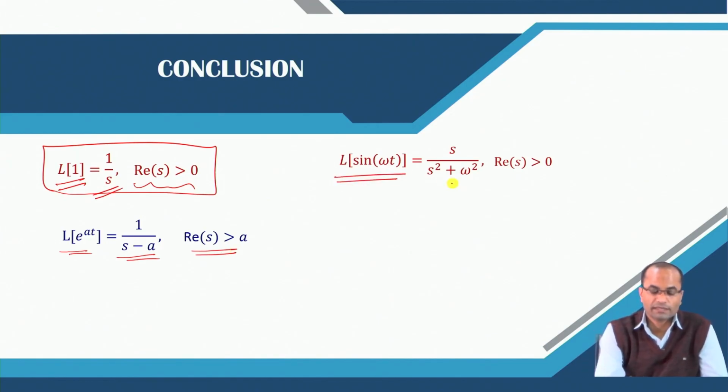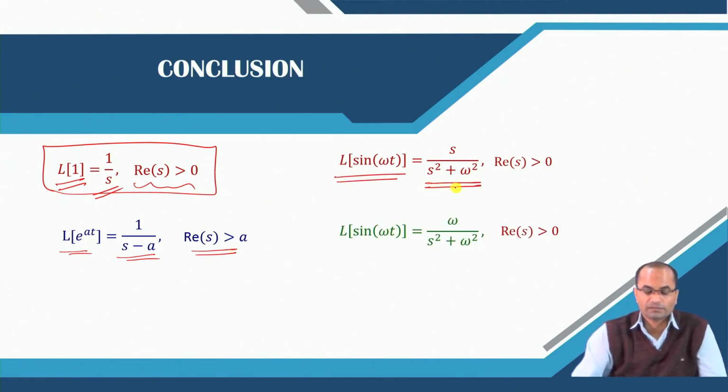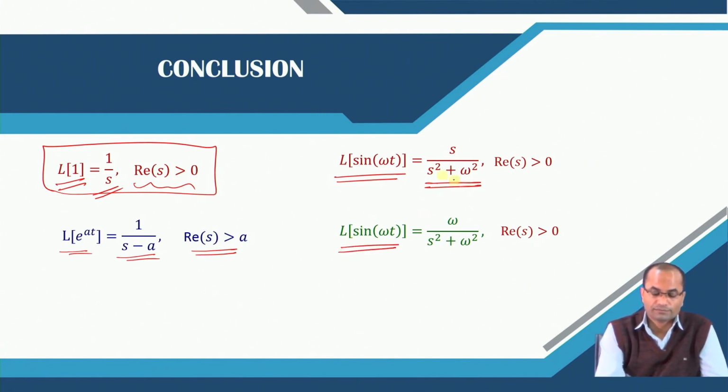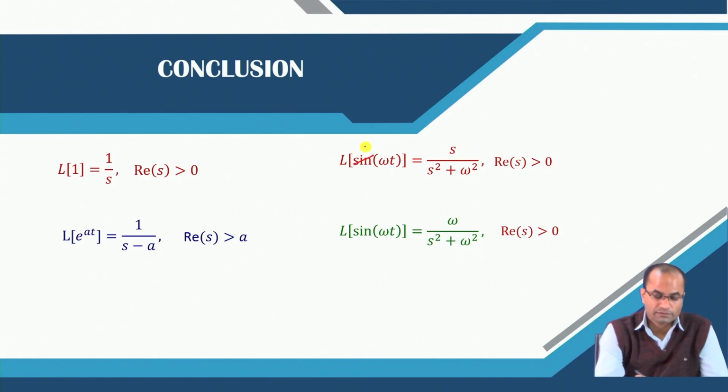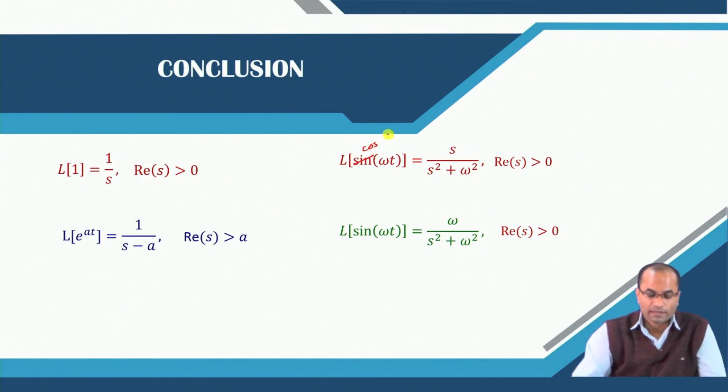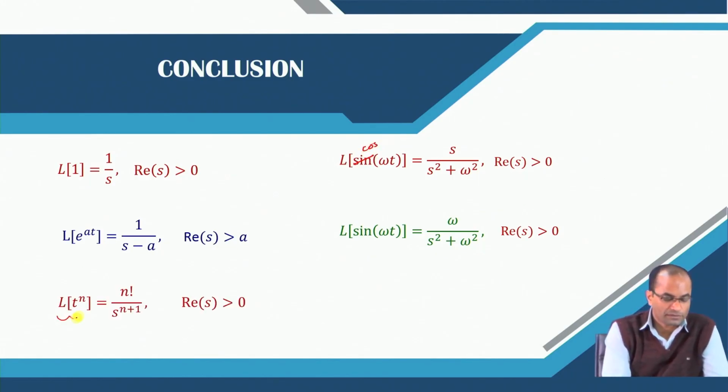Laplace of cos omega t was s over s square plus omega square, and then for sin omega t we have omega over s square plus omega square. So, that is a correction here, the first one is cos omega t.